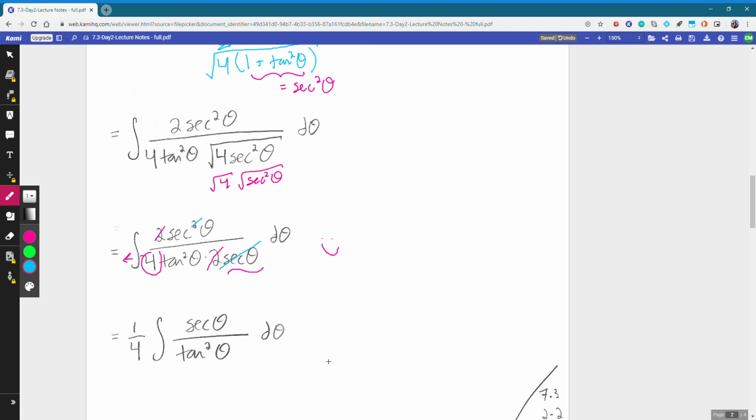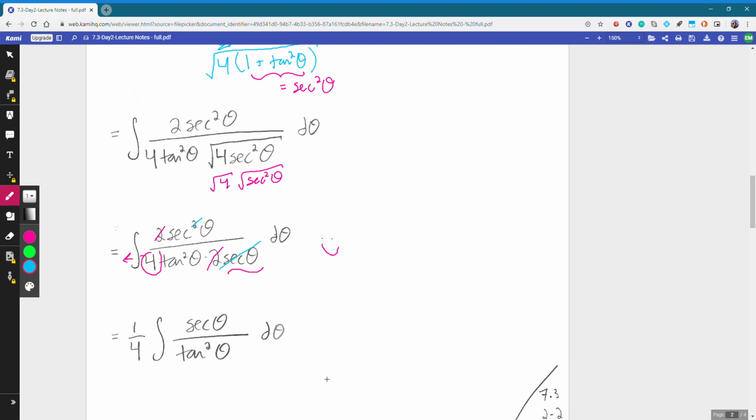The tangent squared is hanging out. So at this point, the obvious simplifications have been carried out, and we're now left looking at our function here and wondering how to integrate it.